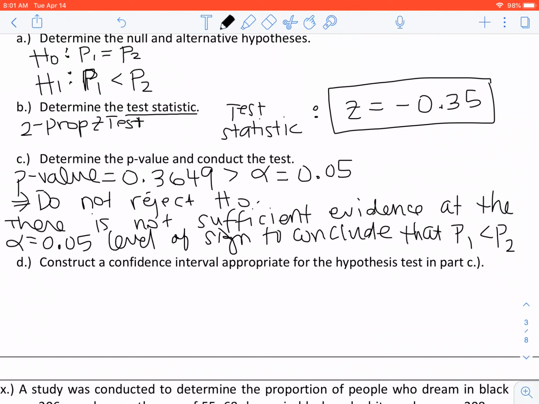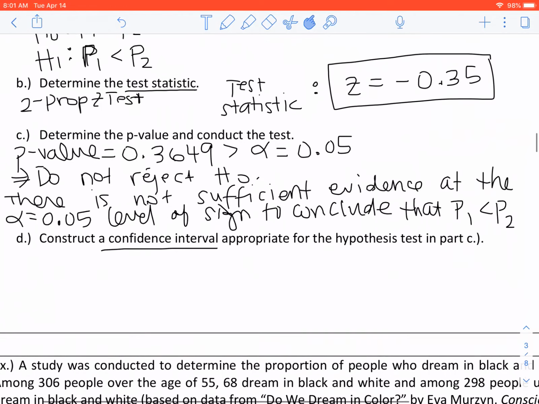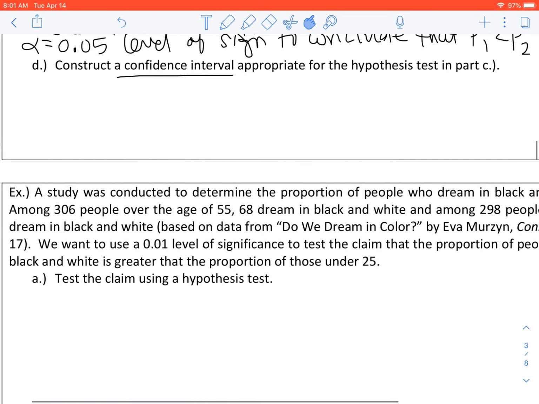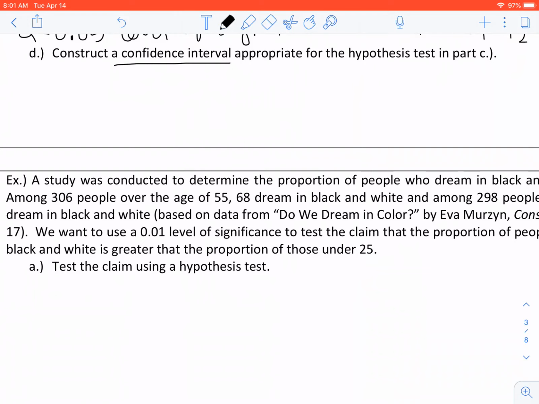The next part on here says to construct an approximate confidence interval for the hypothesis test in part C. So I'm going to draw a picture of a normal bell-shaped curve since we're dealing with a test statistic of z. And since alpha is 0.05 and this is a left-tailed test, that means that this area in here is 0.05.